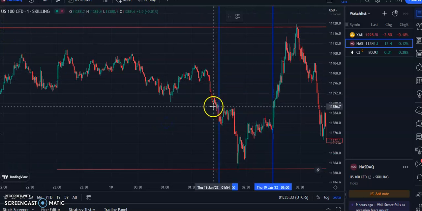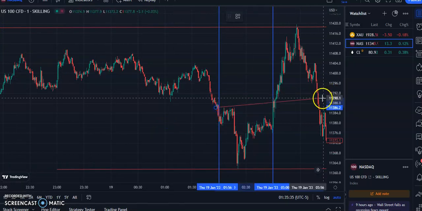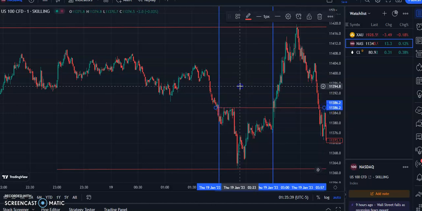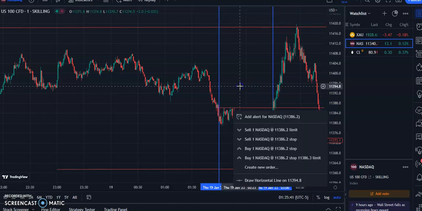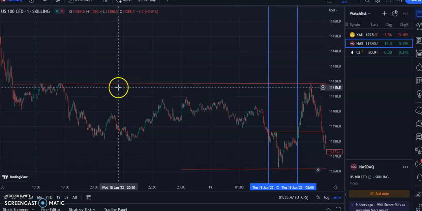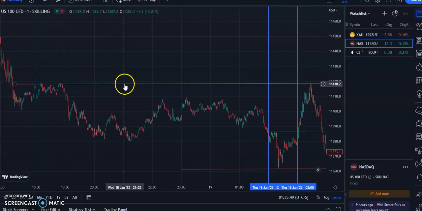Right? So our first hour, this is our high of the session. And keep in mind that our thesis is that we are falling. This is a falling market. And we have our reference point. This is our initial balance.